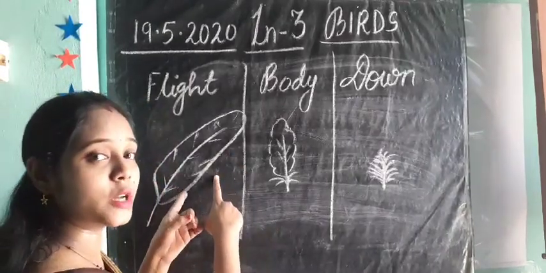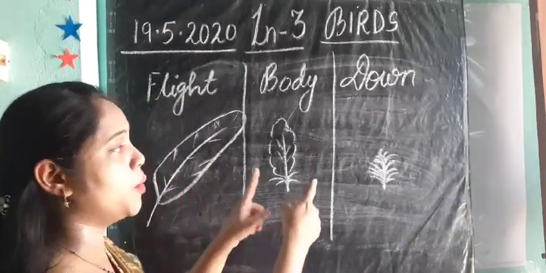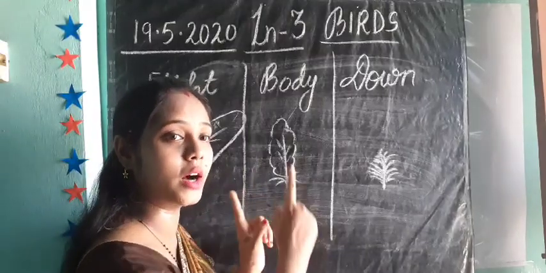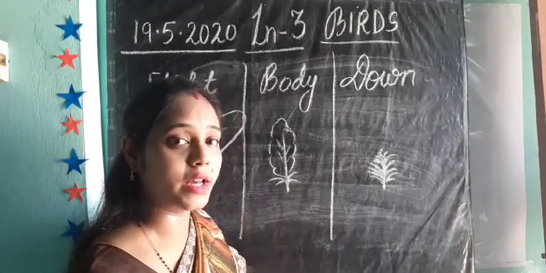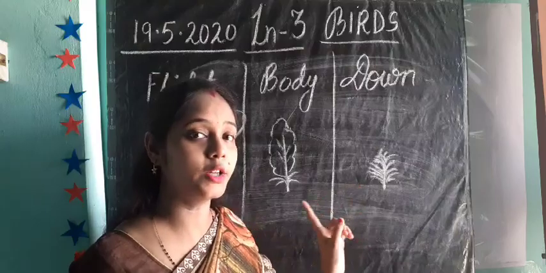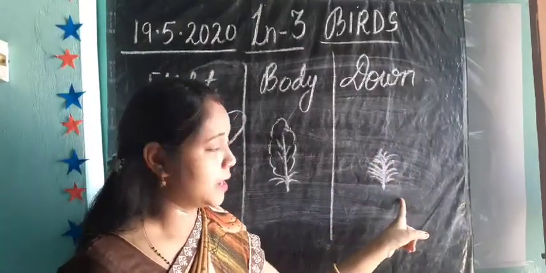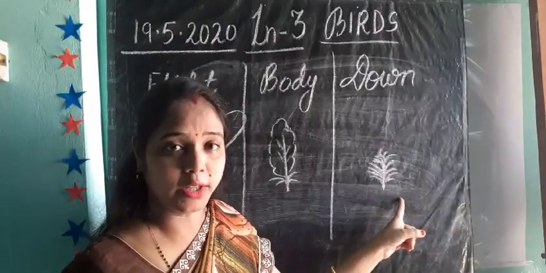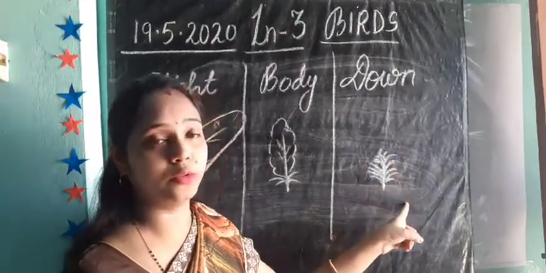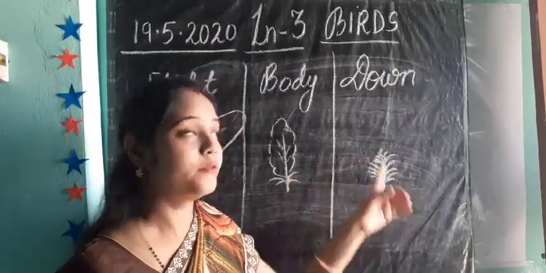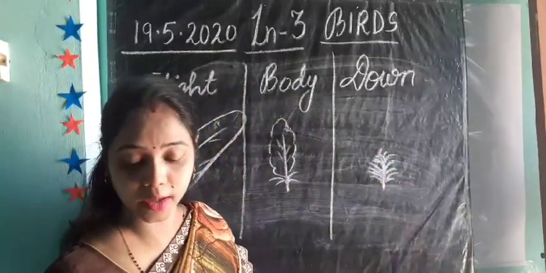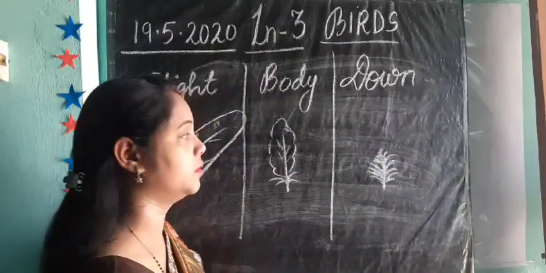Flight feather helps the bird to fly. Body feather helps the bird to cover the body, as well as it gives the shape and color to the body. Down feather helps to keep the bird's body warm, and it is found under the flight feathers. Okay, so now this is clear.